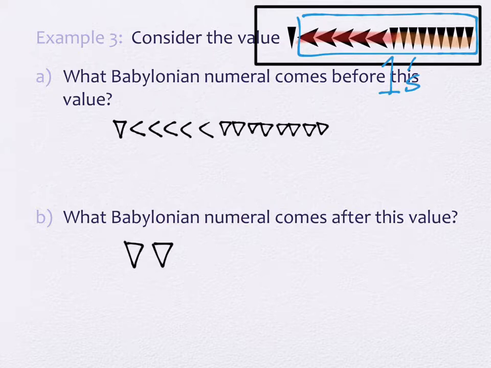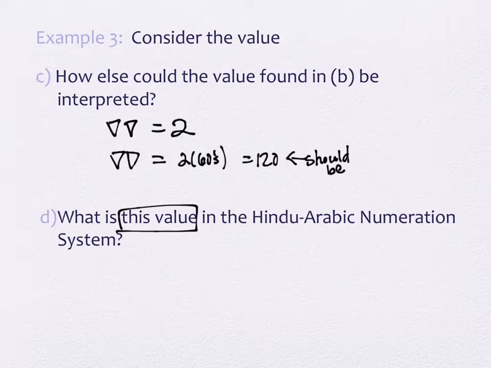So what that means is that this point right here, I have a break, and this is the 60s place. So the 60s place and the 1s place. And we can count. How many 60s do I have? I have 1. So literally I have 1 times 60.